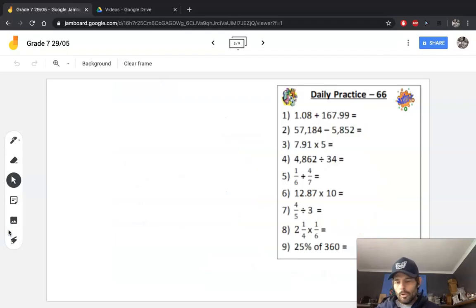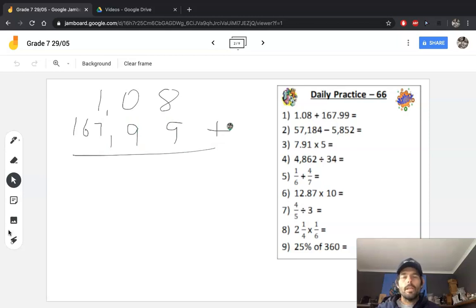So by now I'm sure we're aware that when we add decimals, we need to make sure that the numbers are in the correct columns. Okay, so here we're adding, sometimes very easy to put the numbers in the incorrect column, so just make sure that you check that you have done so correctly.